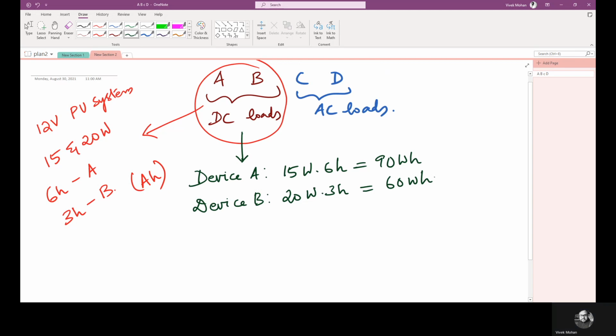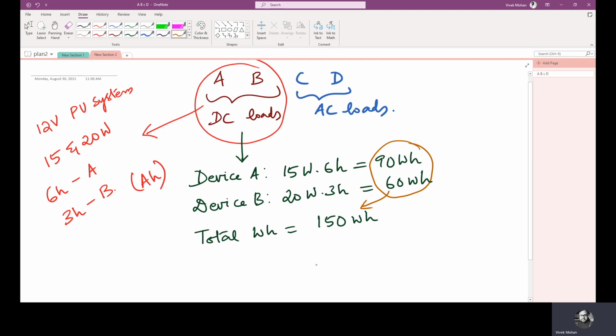So what is the total? I'm dealing with DC loads only now. So total watt hours equals 150 watt hours, by adding these two.